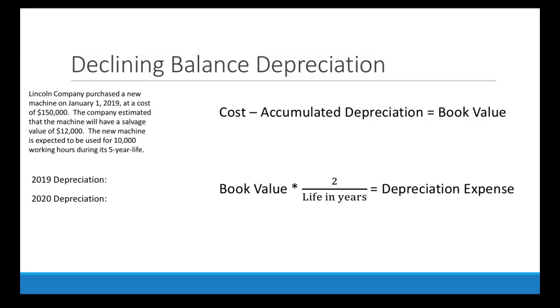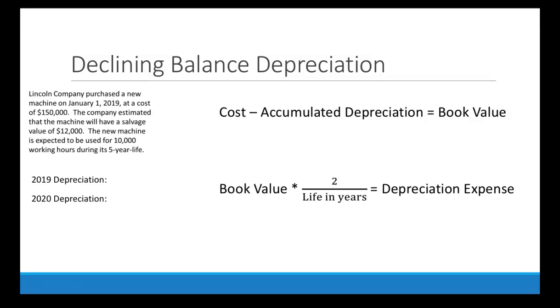In your textbook, that's described as double the straight line rate, because the straight line rate is 1 over the number of years in its life. So here, to use double the straight line rate, we just toss a 2 up in the numerator. Then, when we multiply those out, we solve for our depreciation expense.